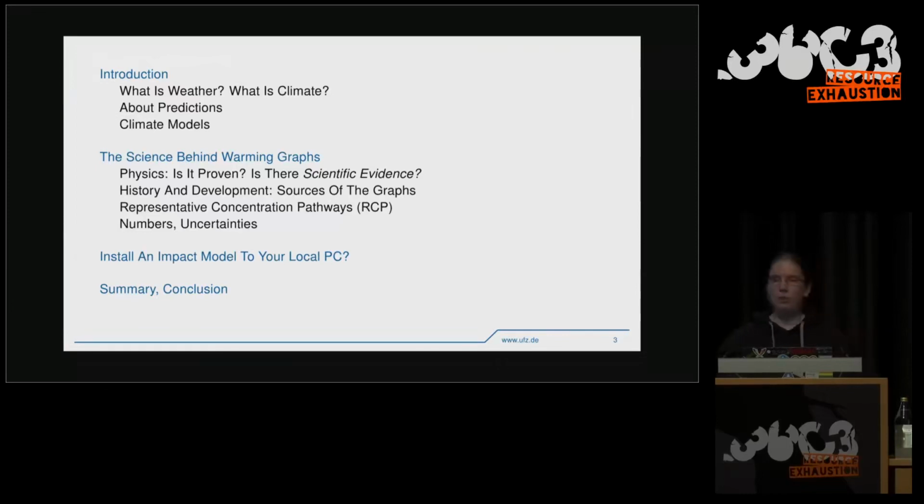Then the second part will be the longest, the science behind warming graphs. I will show you a graph that's typically shown when people tell you about climate change, and I will explain that graph in detail and what is behind it. The third part would be installing an impact model to your local PC if there's time. If there's no time, I will skip that. And in the end, there's, as always, a summary and conclusion.